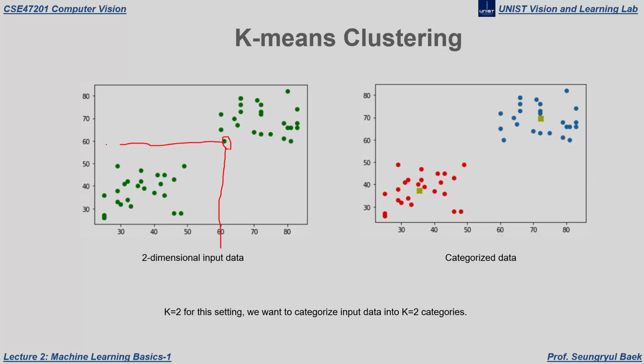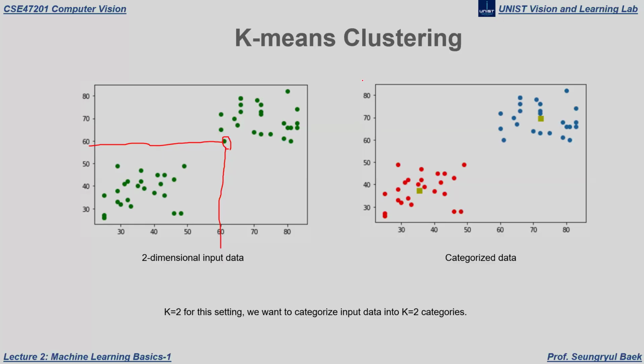And its Y value is also around 60, okay? So 60, 60 represents that green dot, okay? And other green dots also have two-dimensional values, right? And there are, I don't know, almost 20 or over 20 samples in this left graph, okay?